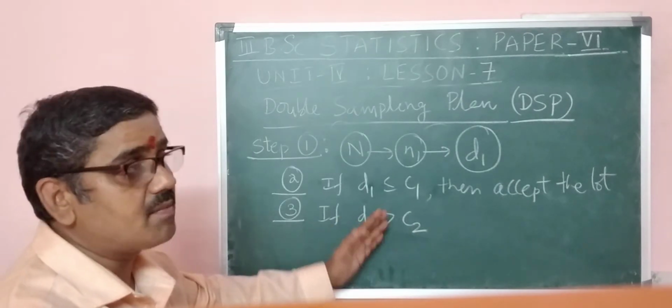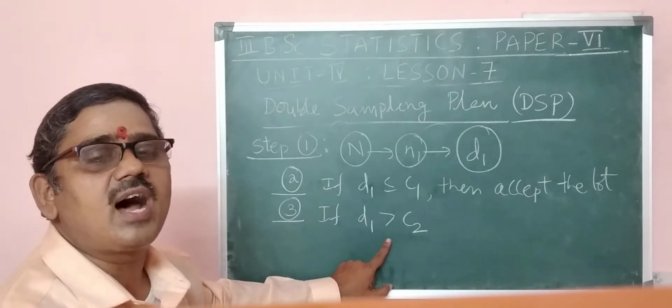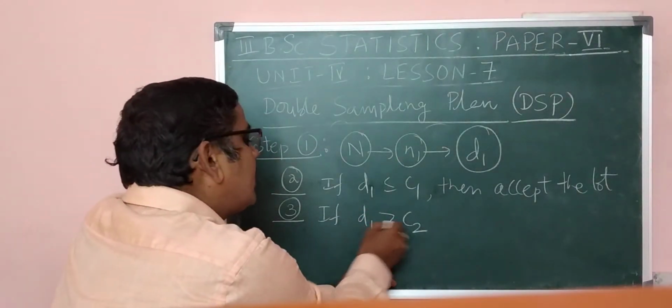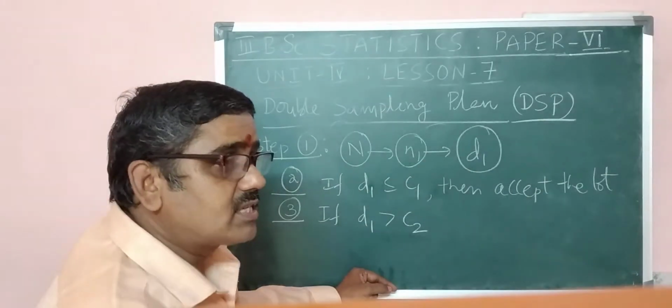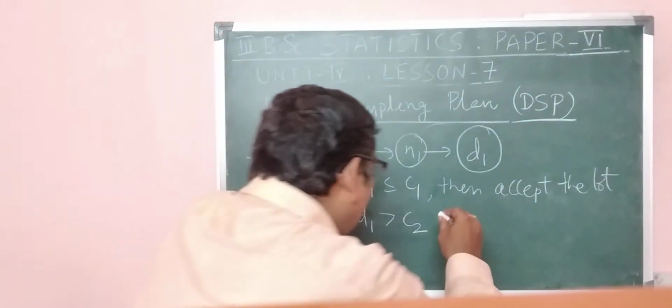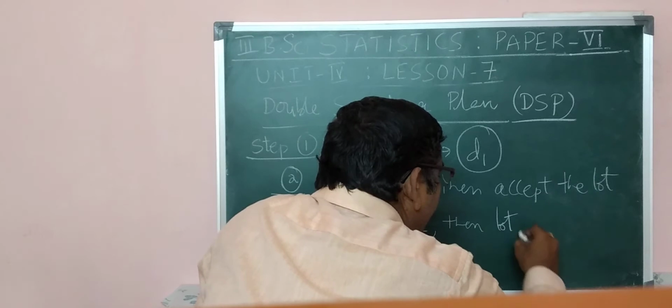No need to consider the remaining procedure. The lot is rejected, and you have to go for 100% inspection. That is the case where D1 is greater than C2, the acceptance number of both combined samples, and then the lot is going to be rejected.